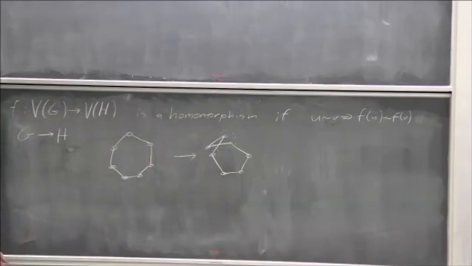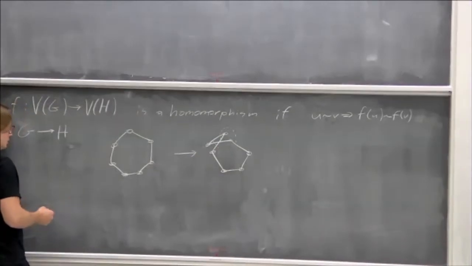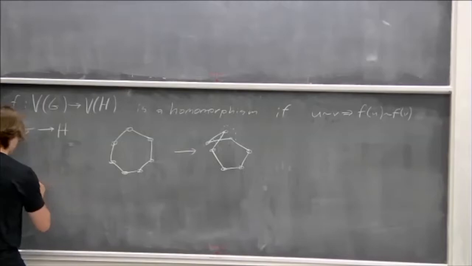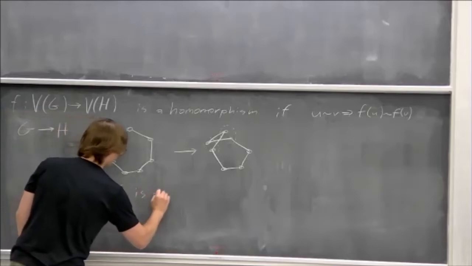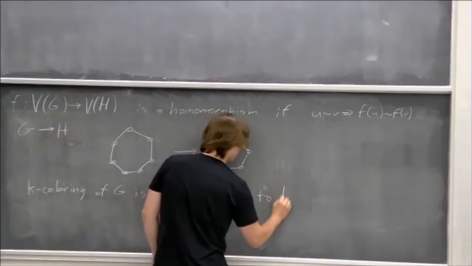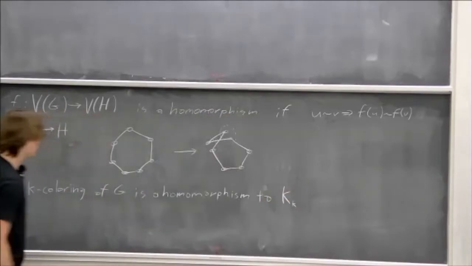So that's one example. There's another example that probably anyone that's done a class in graph theory has seen already, and that's colorings. A k-coloring of a graph G is a homomorphism to the complete graph on k vertices. Why is this so?